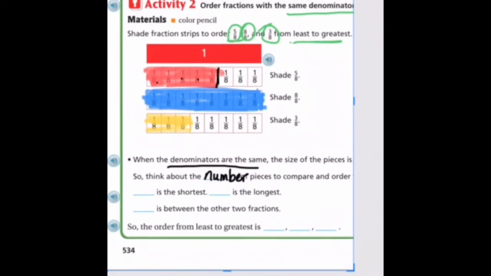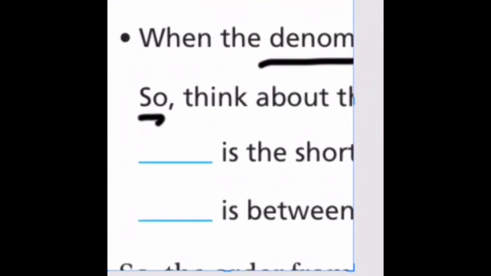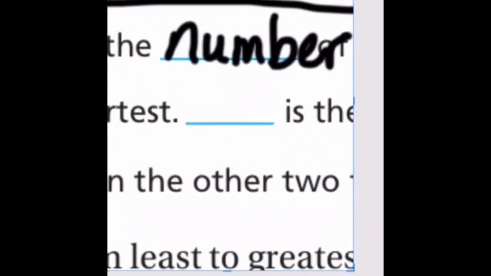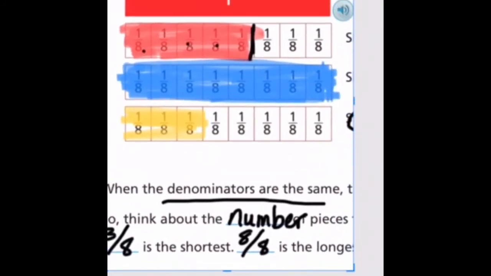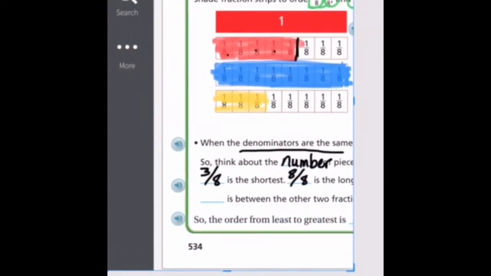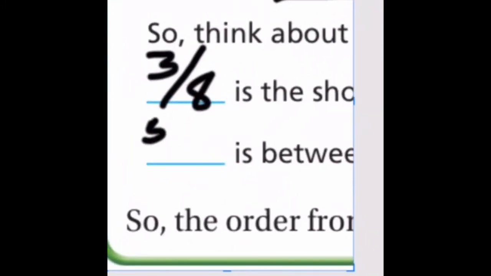The shortest is this guy right here. It's shortest, so that's 3/8. The longest is this one right here. 8/8 is the longest. And then the one between the two is this guy right here. 5/8 is between the others.